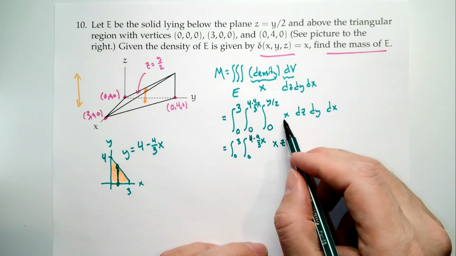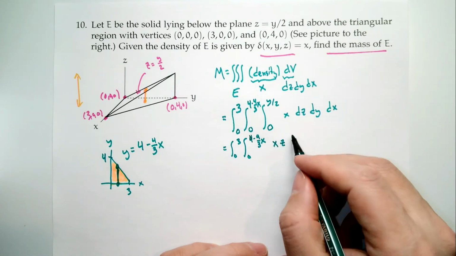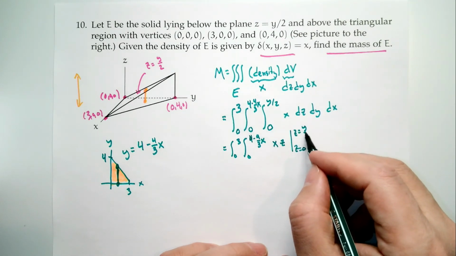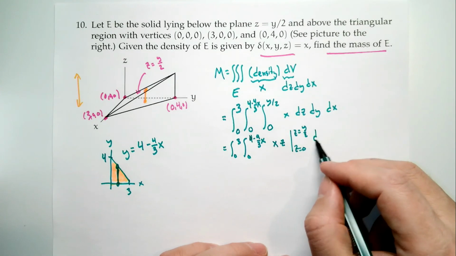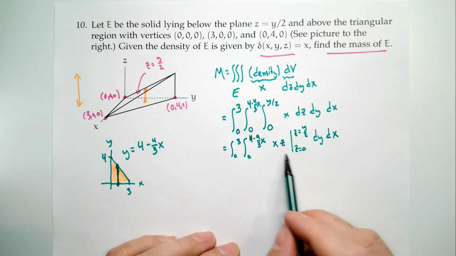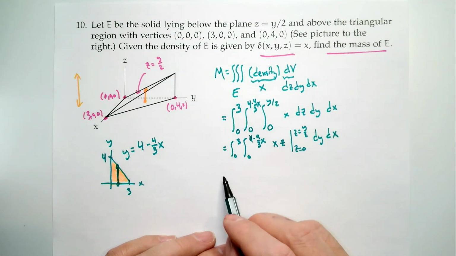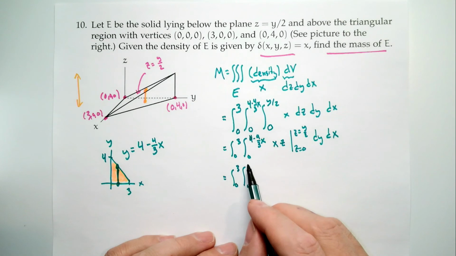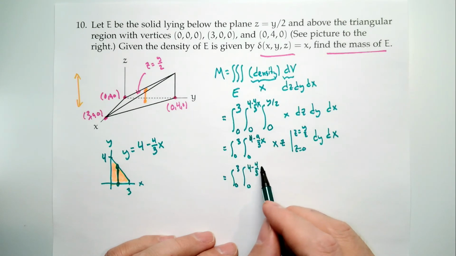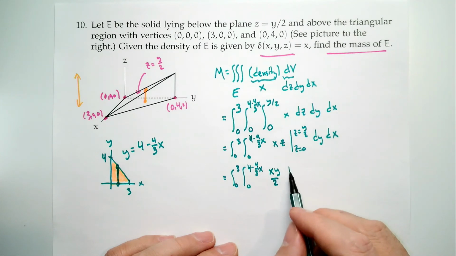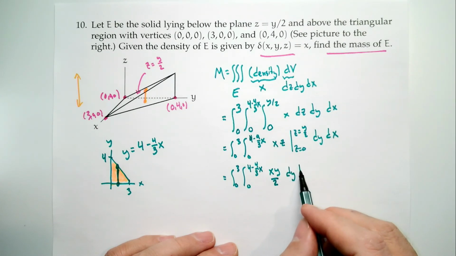The integral of x with respect to z is x times z, going from z equals 0 to z equals y over 2, dy dx. The nice thing is it's pretty easy because you plug in 0, you get 0. You plug in y over 2. So we go 0 to 3, 0 to 4 minus 4/3 x, xy over 2, dy dx.